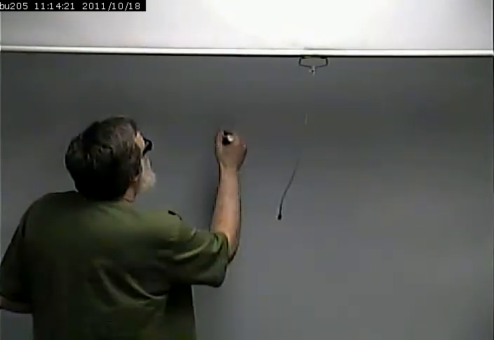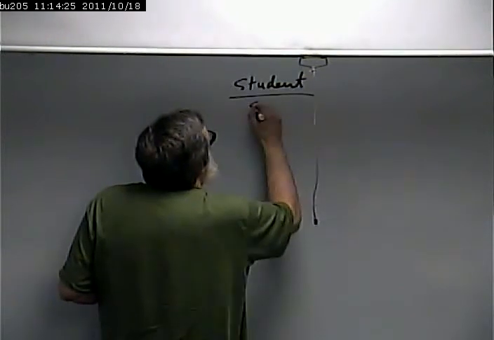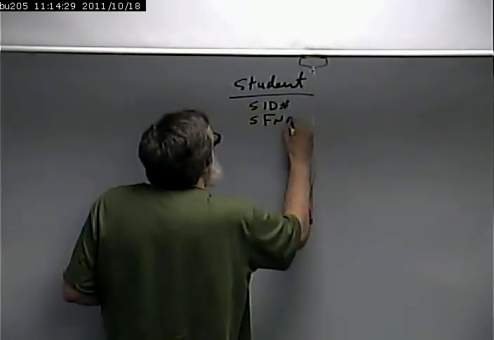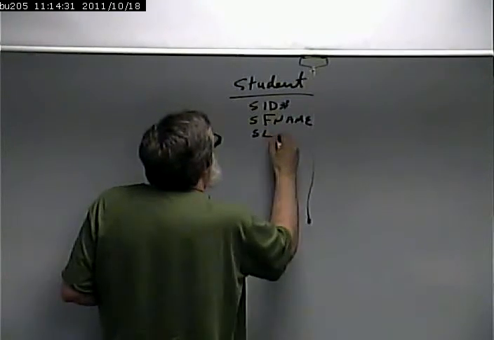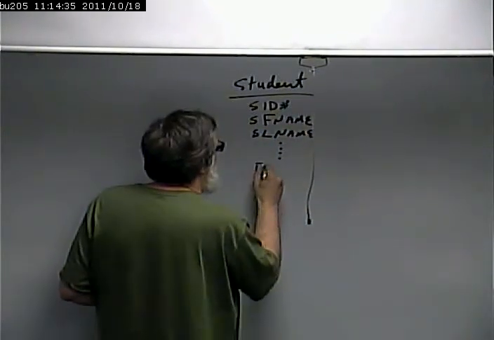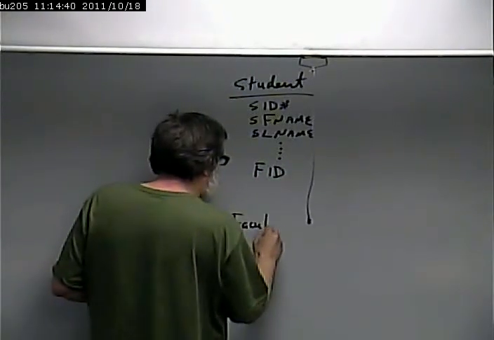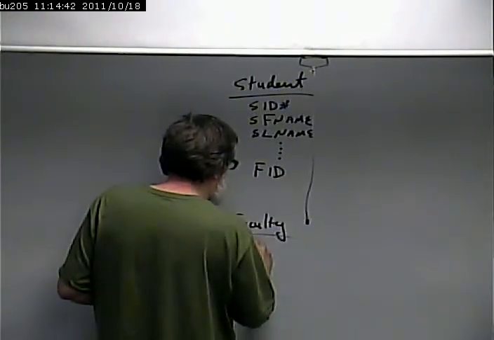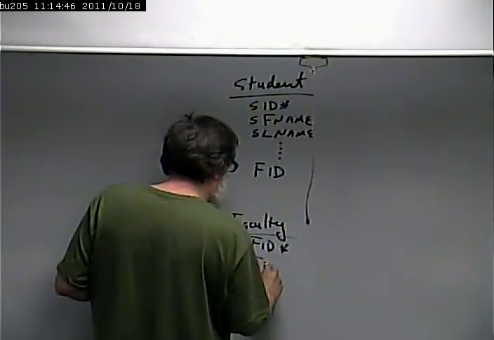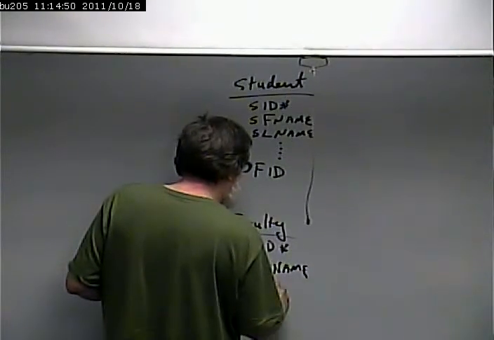We have our student table. Primary key is student ID. It has a student first name, student last name, and among other fields it has a faculty ID number. The faculty table has a faculty ID, which is a primary key, faculty first name, faculty last name.